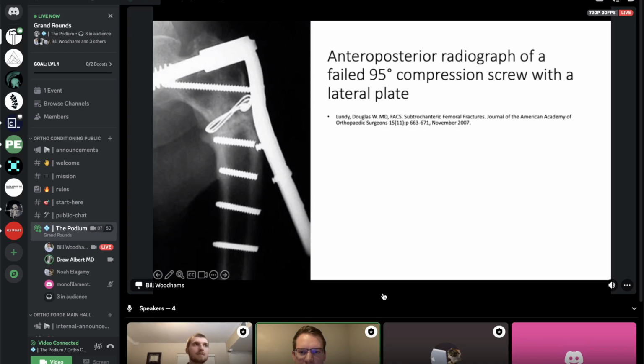This is kind of a unique construct. It looks almost similar to a sliding hip screw, but it's not something that I think is a newer implant. I don't recognize it, not that I know all the implants, but a number of these are coming out of textbooks. What is your reference? 2007 on this? It might be.